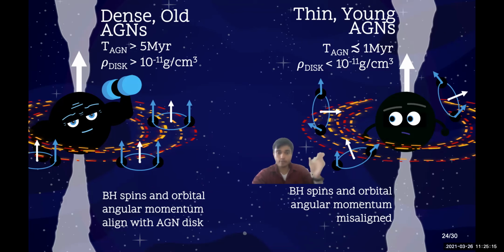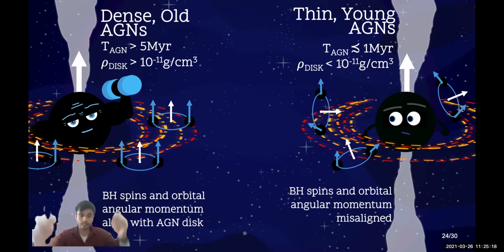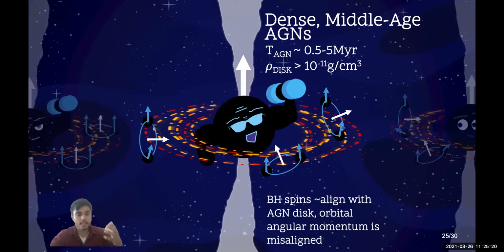So we have these two different edge cases in a way, but we also have these dense middle-age AGNs, which have ages between the two, but still have dense disks. And in this type of AGN, you'd have really unique spins. You'd have enough gas for the component black holes to get aligned with the supermassive black hole.